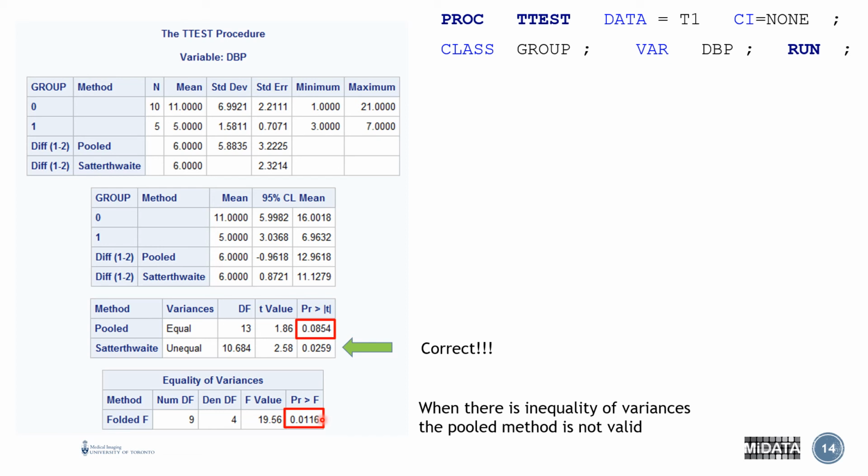In this case, when there is inequality of variances, the pooled method is not valid. It introduces bias. And in that case, you should consider the Satterthwaite method, which is more robust and allows for inequality of the variances. And this is the p-value that you would report.